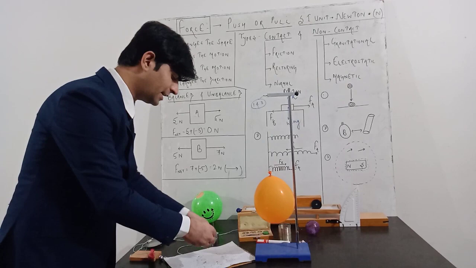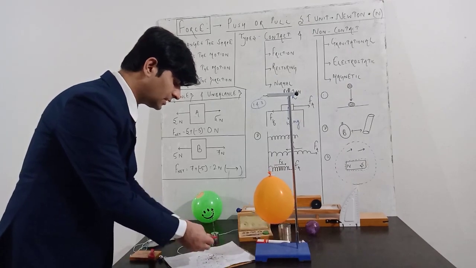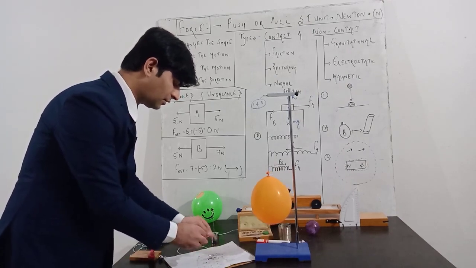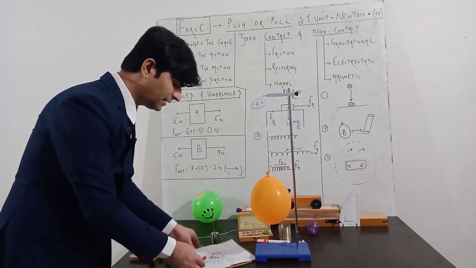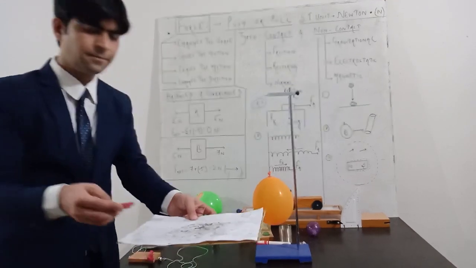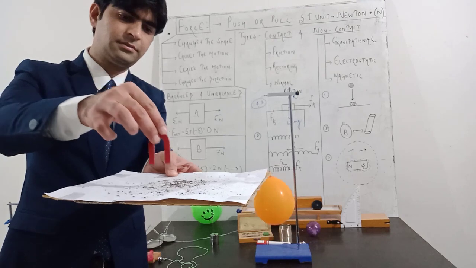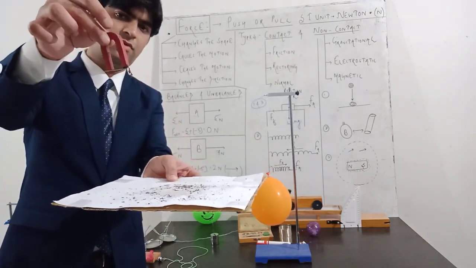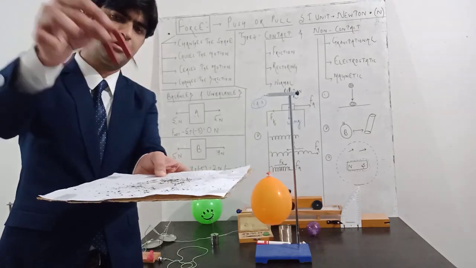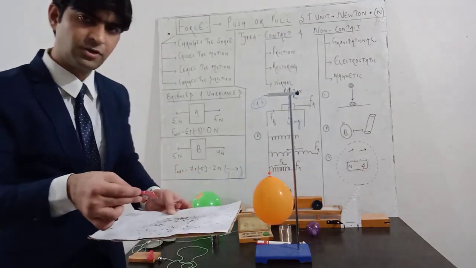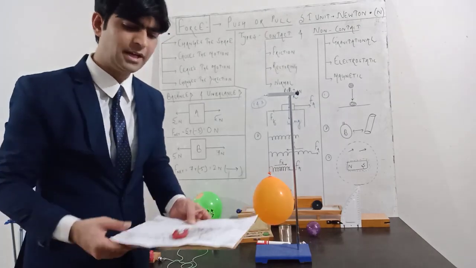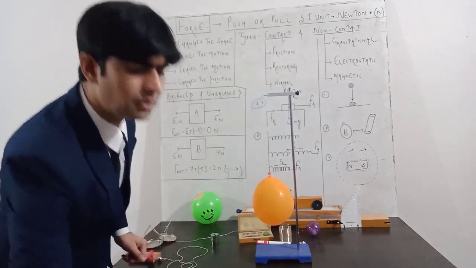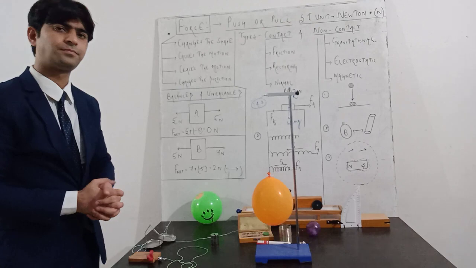If you want, I can show it again. These are the few pins I have kept here, and you can see that without any contact, these pins are attracted towards the magnet. So magnetic force is also a kind of non-contact force.